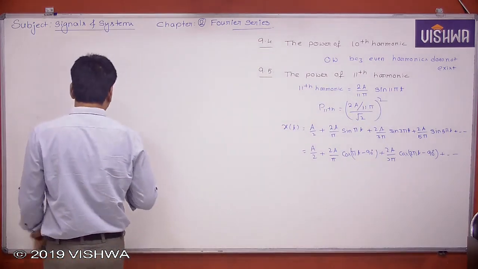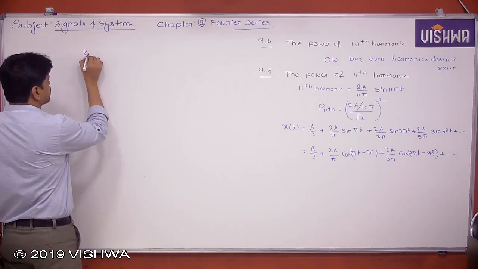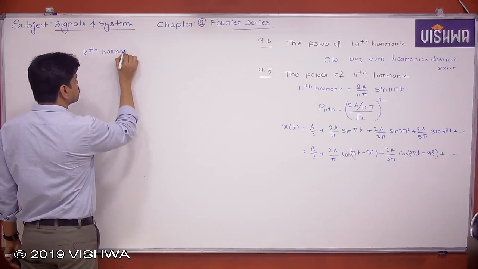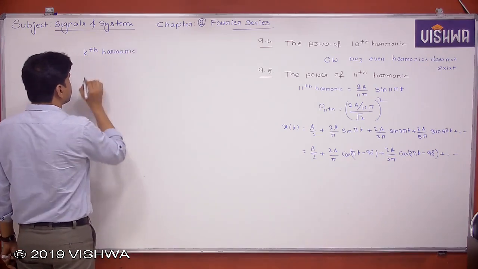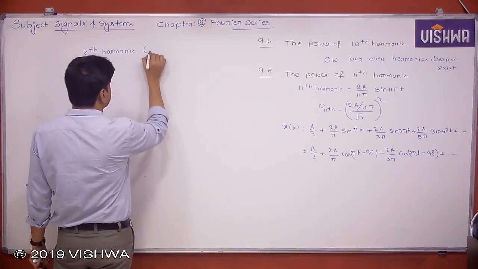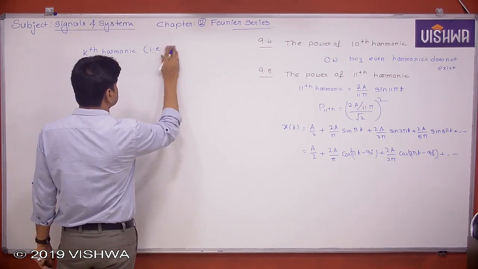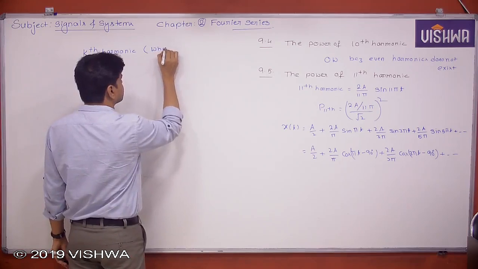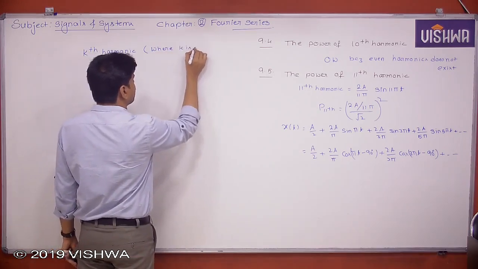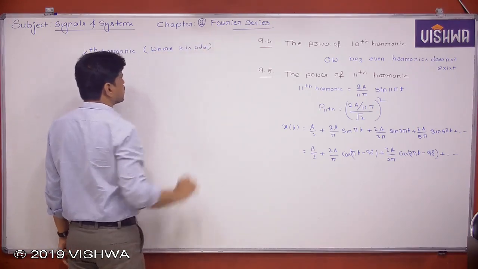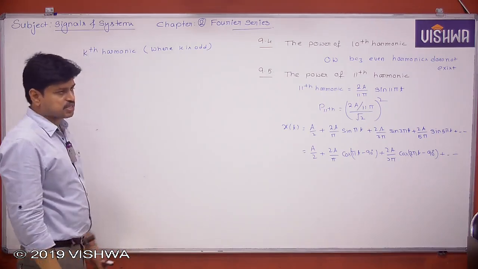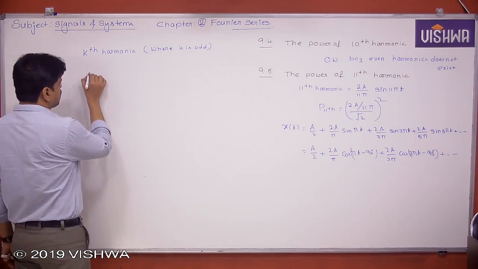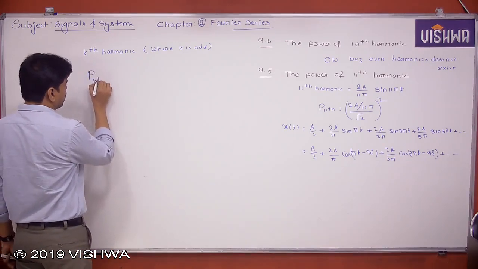Suppose if I ask for the kth harmonic, remember k is odd, because even harmonics do not exist, so we have to take k as an odd value. Then what is the power of the kth harmonic?